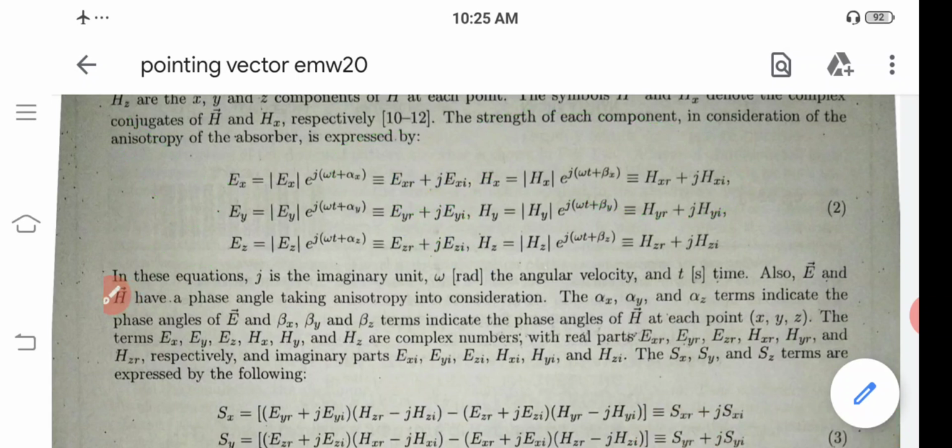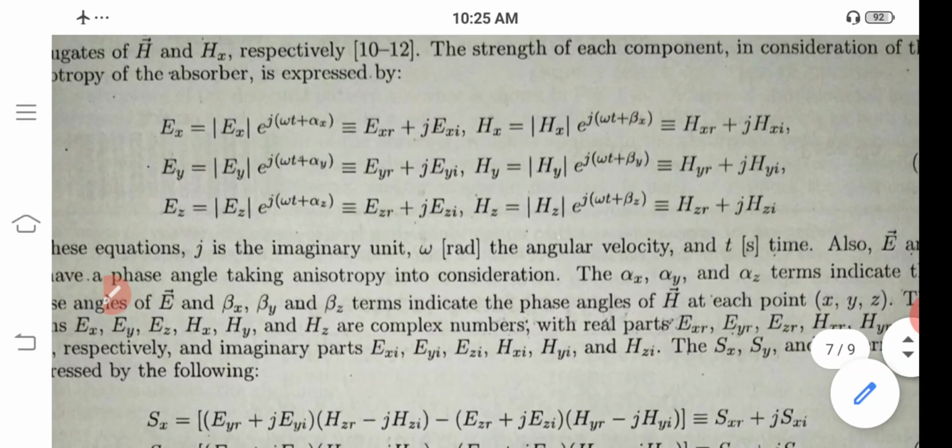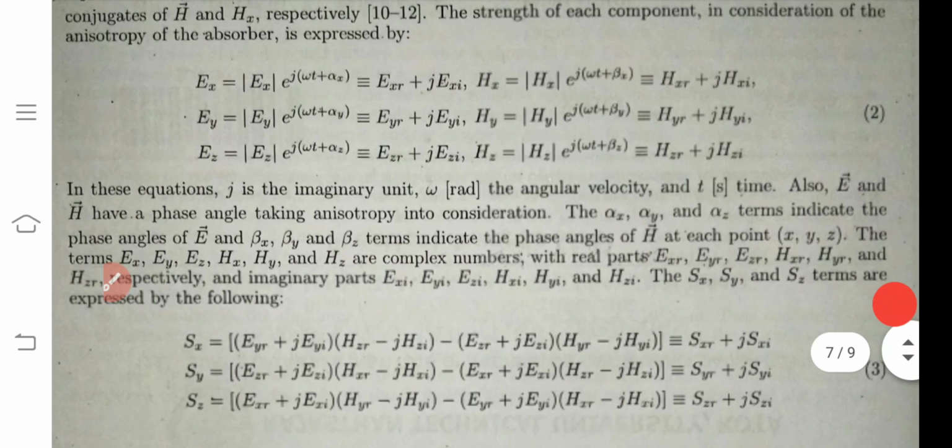In these equations, j is the imaginary unit, omega is the angular velocity, t is the time, and E and H have a phase angle taking entropy into consideration. The terms Ax, Ay and Az indicate the phase angle of E, and Bx, By, Bz terms indicate the phasor angle of H at each point x, y, z.